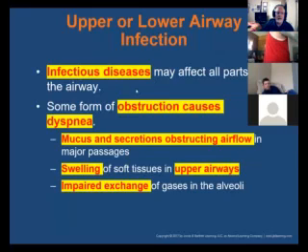So our patient has a major problem. So that's upper airway, and then lower airway.